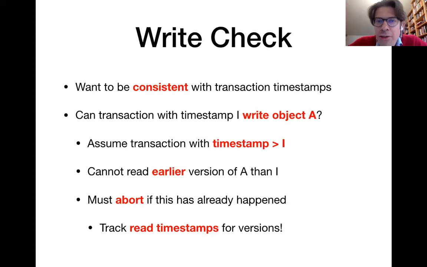So if we would allow the transaction to proceed, it creates an inconsistency. All right, so that is the write check, and we perform it whenever a transaction tries to write an object. And in order to perform it, we need to not only keep track of the time at which objects are created, but also we have to keep track of the last read timestamp for an object.